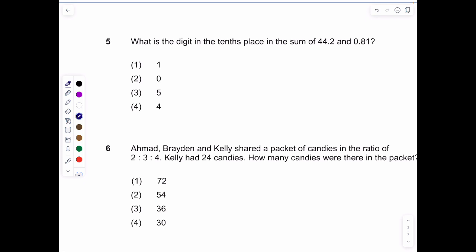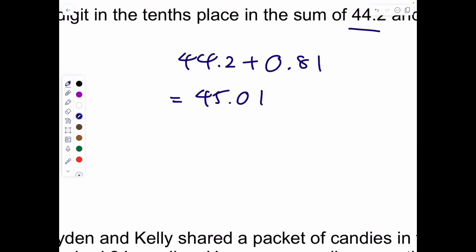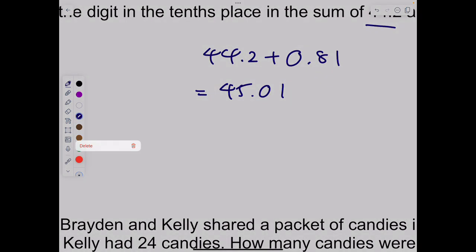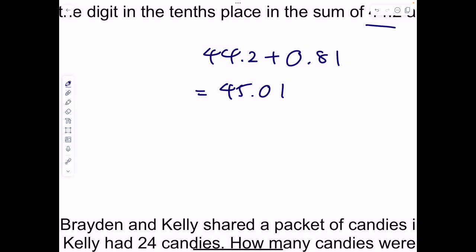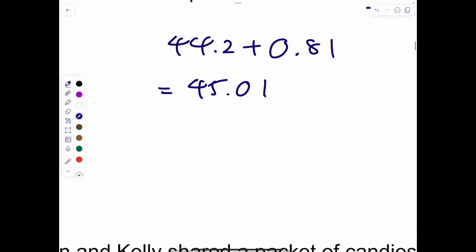What is the digit in the tenths place of 44.2 plus 0.81? So 44.2 plus 0.81. Your answer is 45.01. So just in case some of you don't know, there are the naming of the positions in terms of decimals.